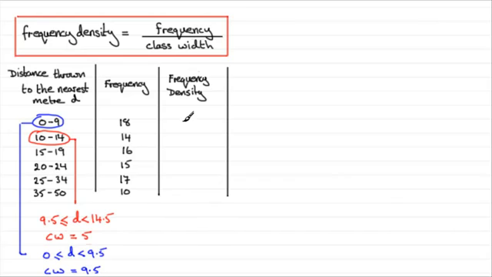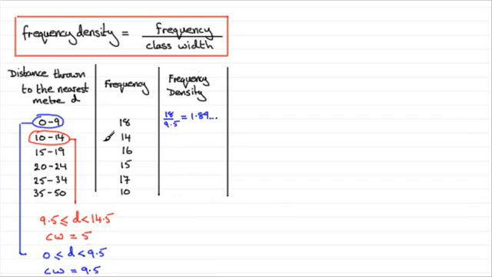To do this, we need to construct another column called the frequency density column. In order to put the first value in here, we've got to do 18 divided by the class width from 0 to 9.5, as we did down here, which is 9.5. If you do 18 divided by 9.5, the value you get back is 1.89, and so on.